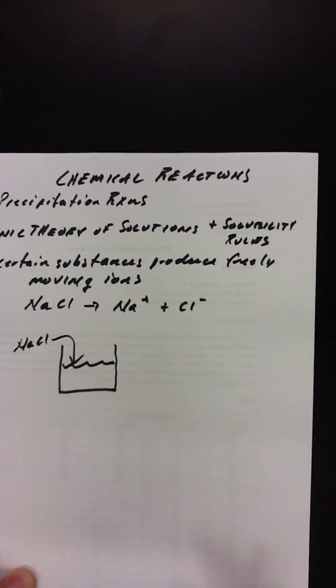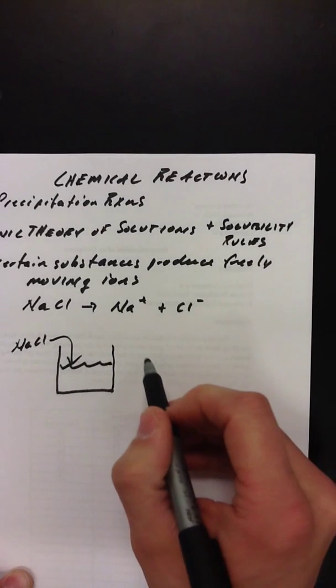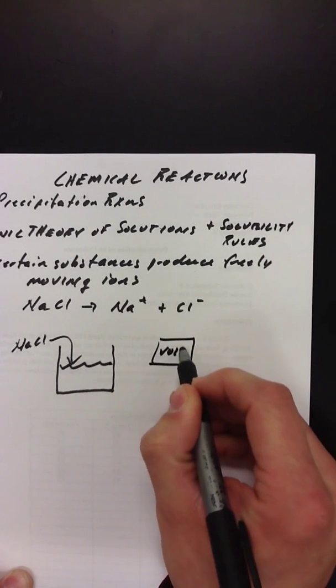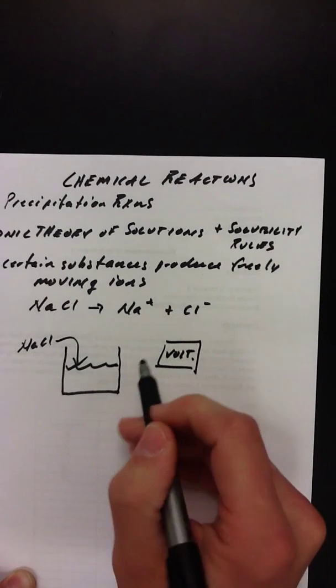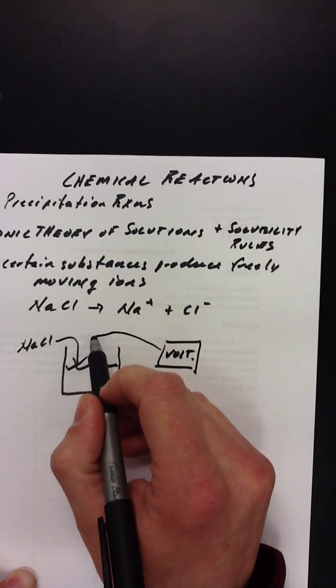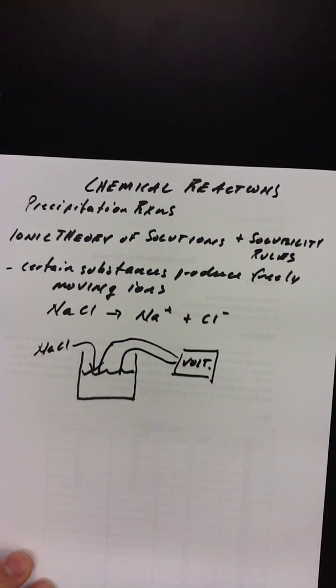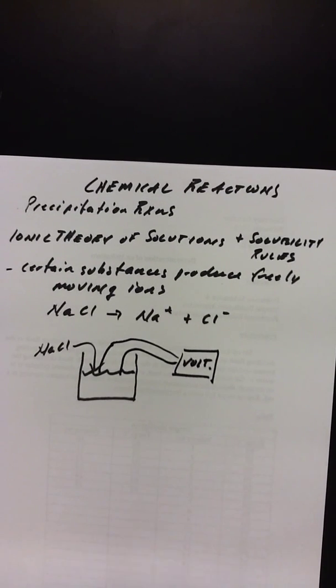So once we put sodium chloride in, we had a voltmeter. And we tested to see how much current was actually being produced, if it was different from just regular old distilled water, and what happened when we actually put that in.